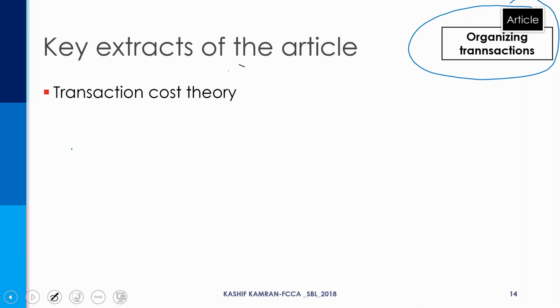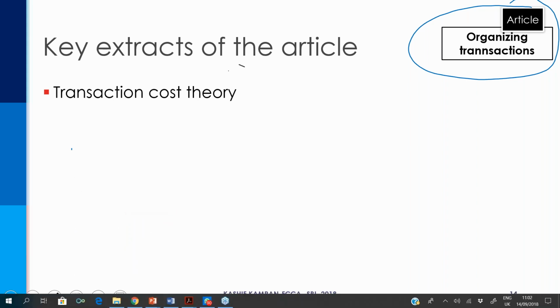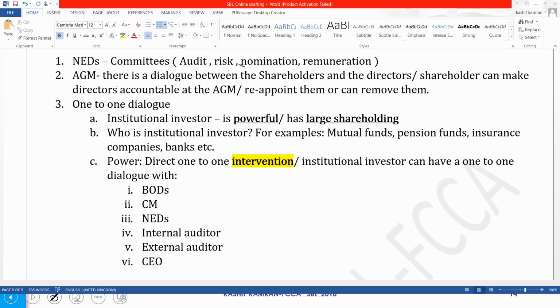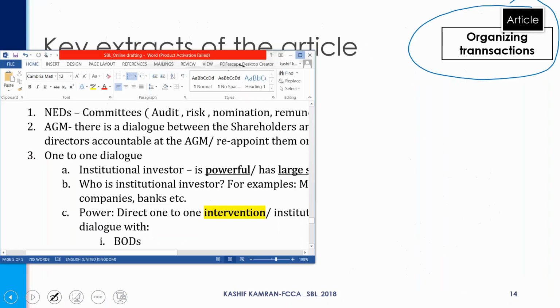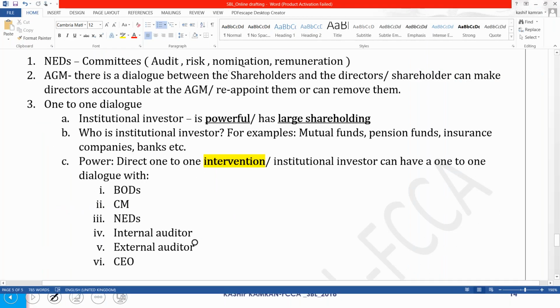Number 1, transaction cost theory. This article focuses on a theory known as transaction cost theory. We need to understand what a transaction cost theory is. Let's go back to the word file and understand what a transaction cost theory is in the context of the topic we are in currently.